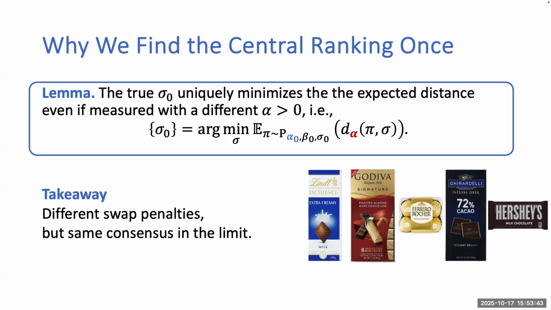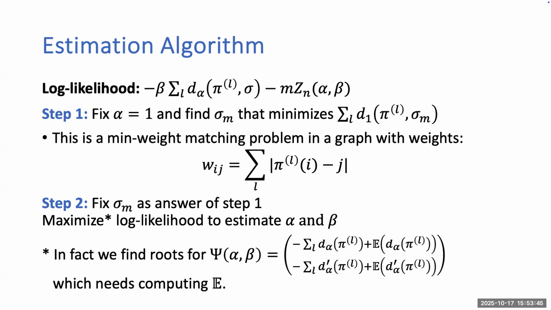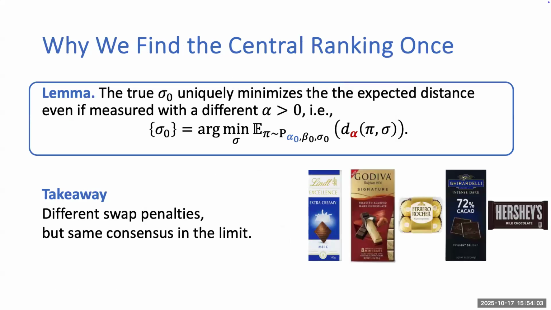Our goal is not just sigma, our goal is sigma, alpha, and beta. We want all of them. But the main intuition, as you said very nicely, is that if it's consistent in all metrics, that's why it's okay to guess it wrong. This is formalized in the next lemma.